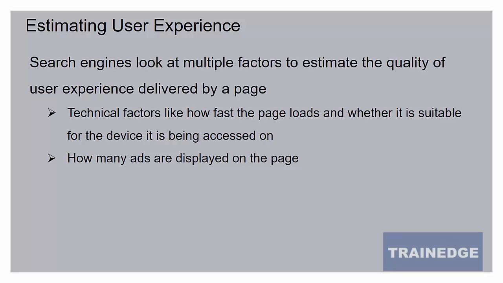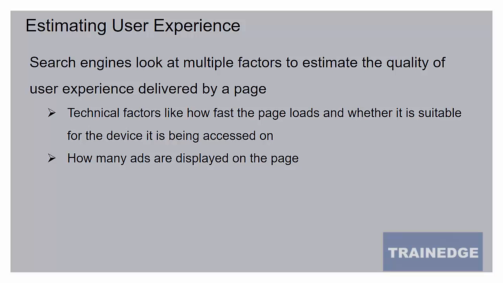The number of ads displayed on the page is also an important factor in estimating user experience. Google understands that sites need to display ads, but they must be displayed in a way that does not obstruct the user experience. So if there are too many ads or they appear in places where the content is placed in the middle of the page, it kills user experience.